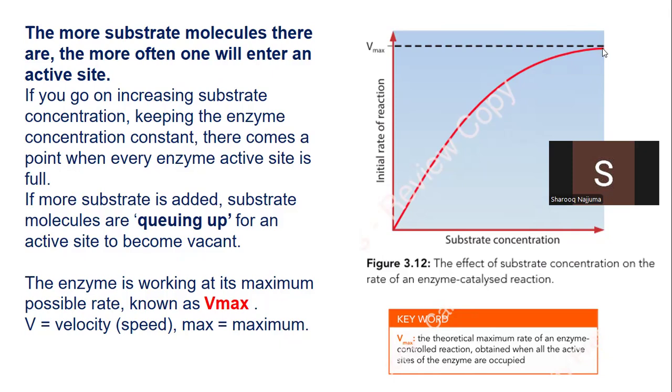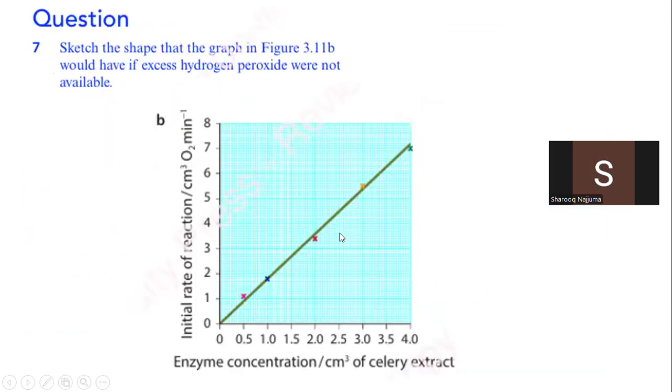So this region where we have Vmax, where we have the curve flattening, is the region where every enzyme is occupied. And the substrates are queuing up for the active site to become vacant so that they can be worked on. So that is how substrate concentration affects the rate of enzyme activity.